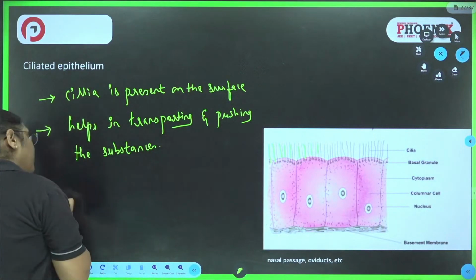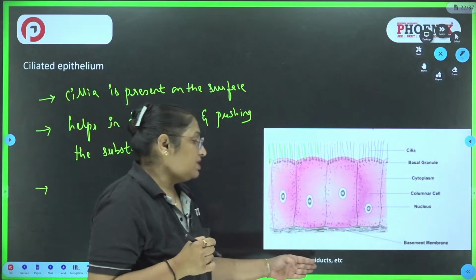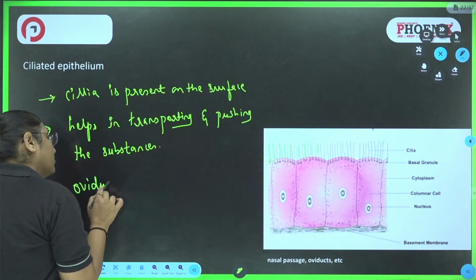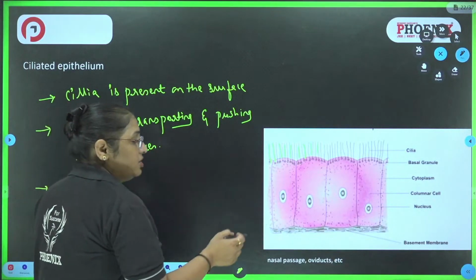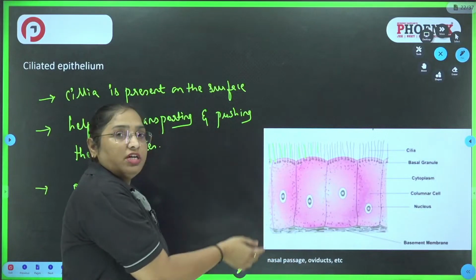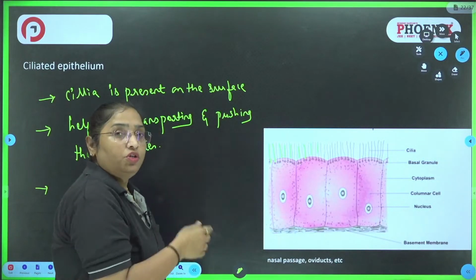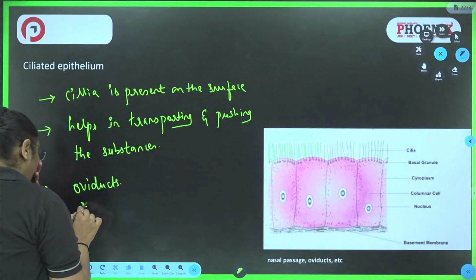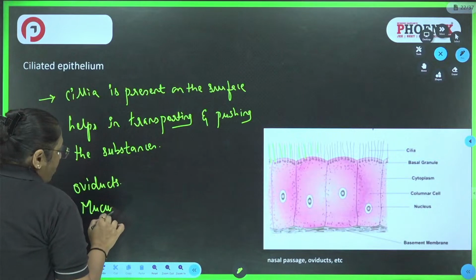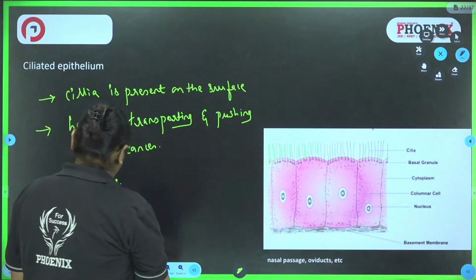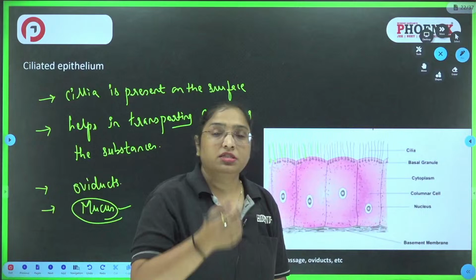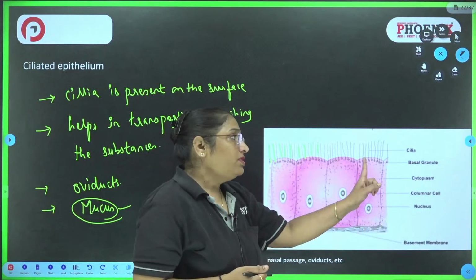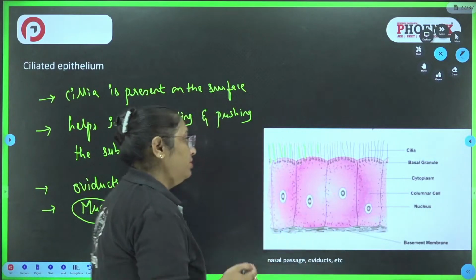For example, it is present in the oviducts, because when the ova is released, it is pushed or transported towards the fallopian tube and to the uterus. Also where mucus is generated, in the nasal passage in the respiratory tract, such type of epithelium is present. Due to the cilia, the mucus is pushed forward.